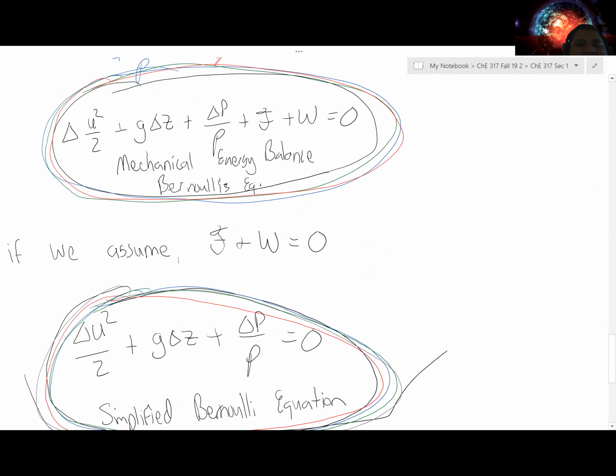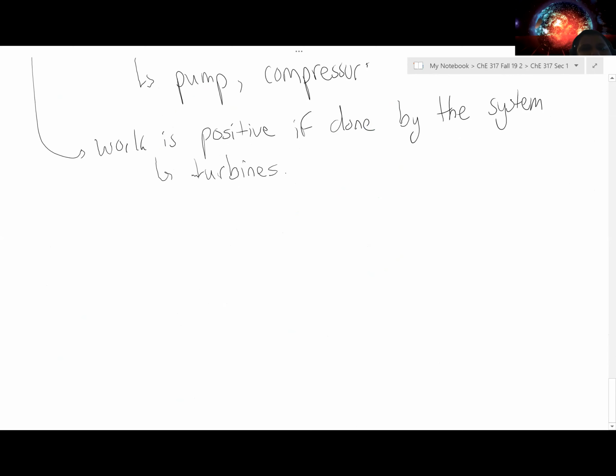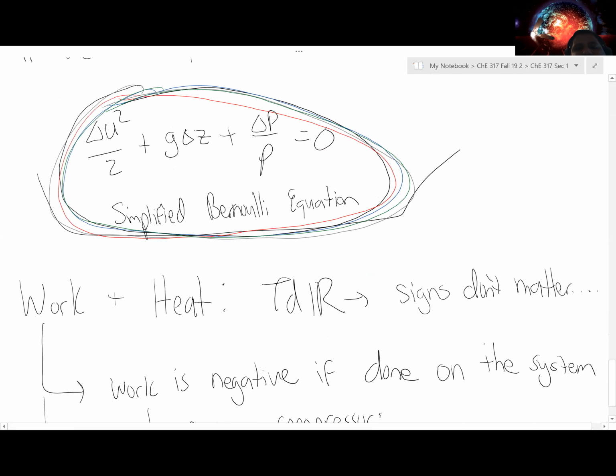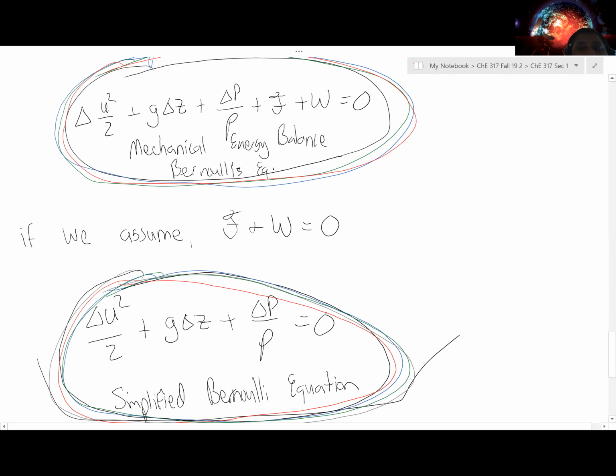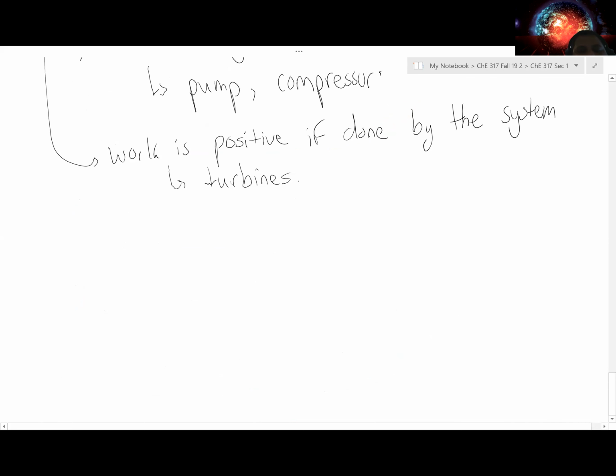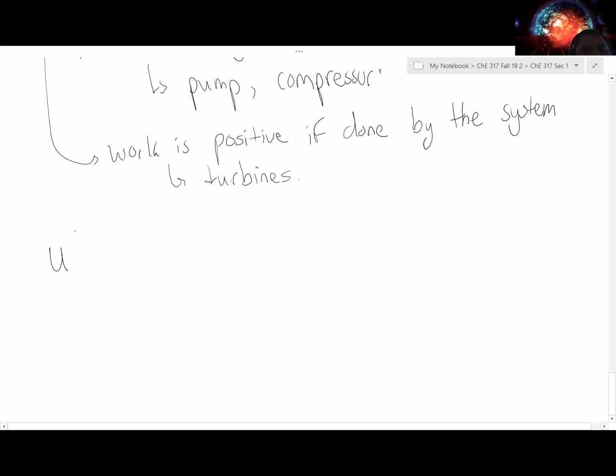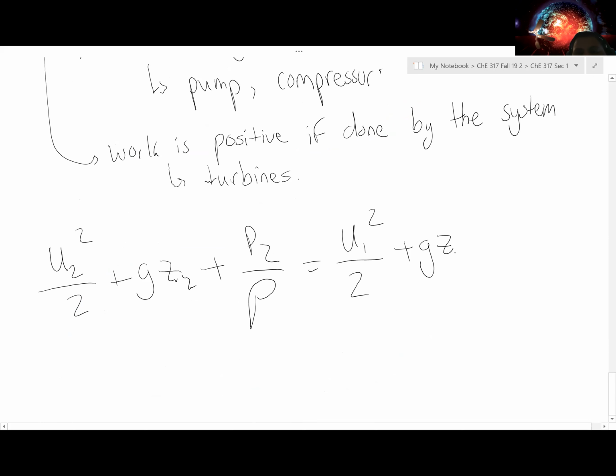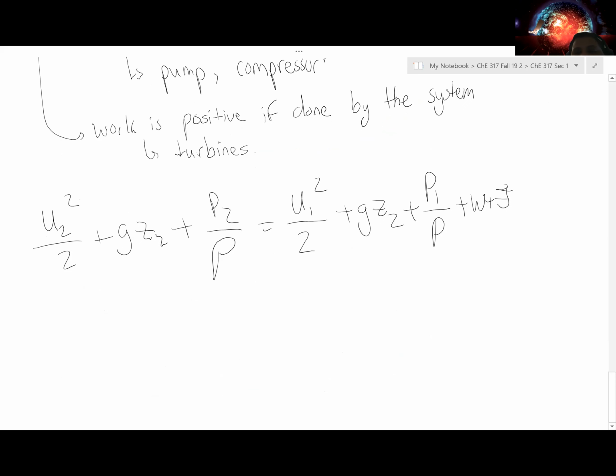And let's further exemplify this. So for my full mechanical energy balance, I have all these deltas, right? A lot of times we end up writing the expressions like this when we're wanting to compare it between two states, where I'm looking at U1, which is an initial state, and U2, which is a final state.